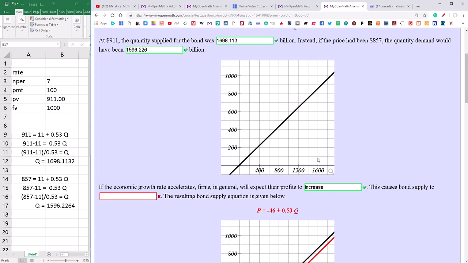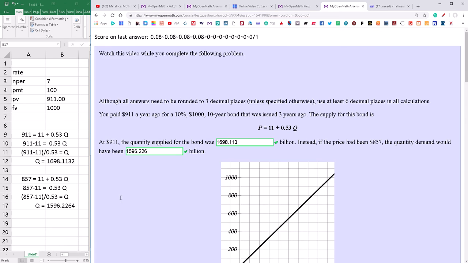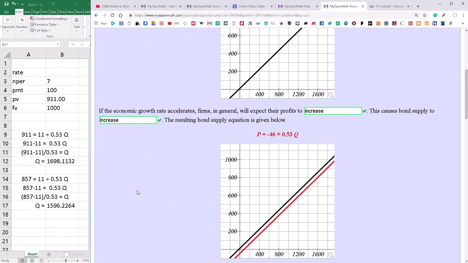This causes bond supply to increase. And why is that? Well, if firms think their profits are going to go up, then they'll perhaps want to expand their operations. And one way to expand their operations is to issue bonds, take out loans from the public or whoever wants to buy the bonds.